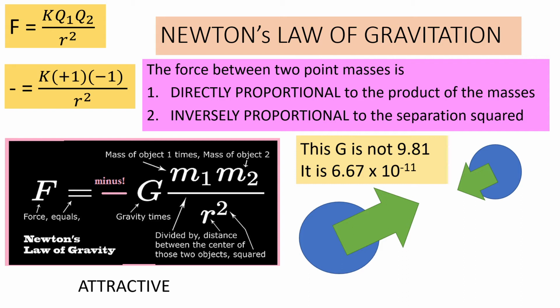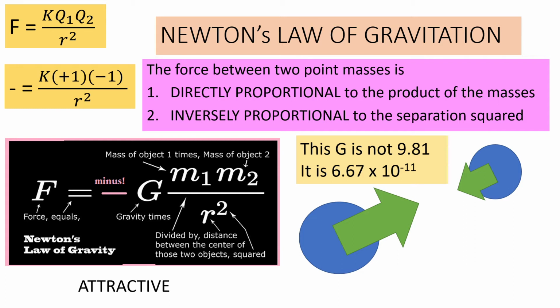Well, if one of the charges is positive and the other charge is negative, they will attract. And the overall force is negative, because anything positive times anything negative will give you a negative. So that's why the force is negative. And that implies attraction. So following from that rule, the minus implies it is attractive.